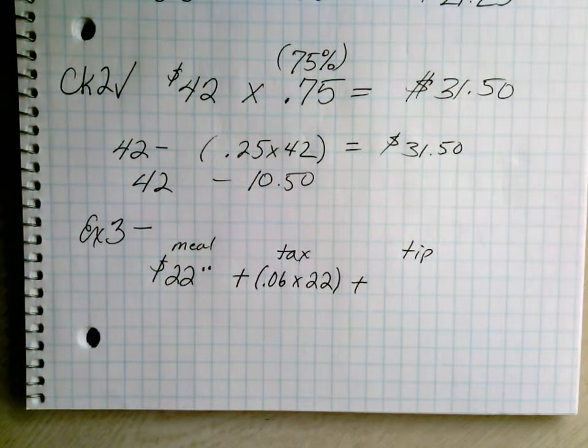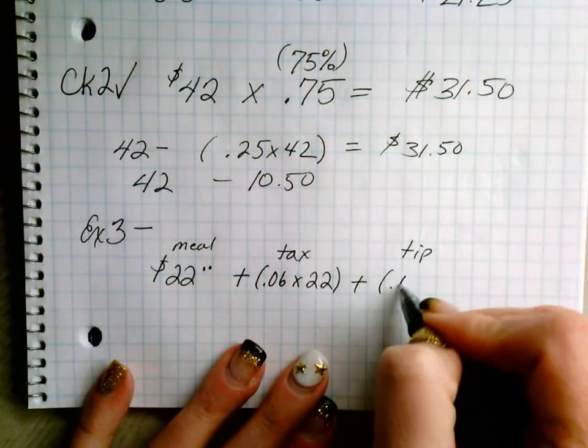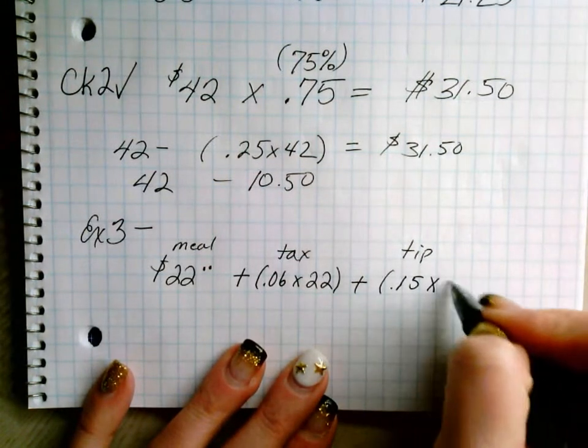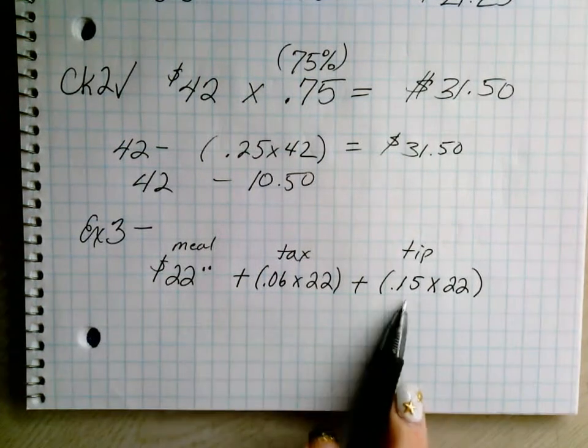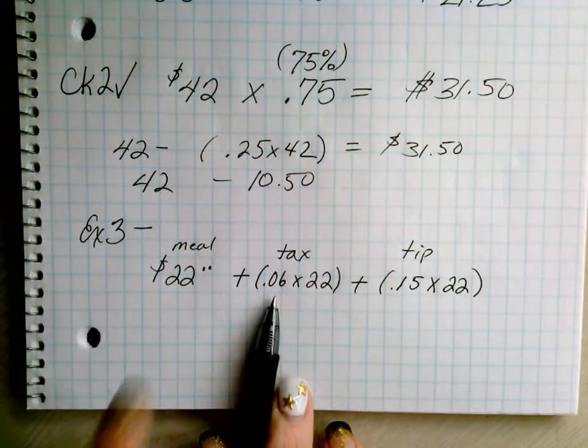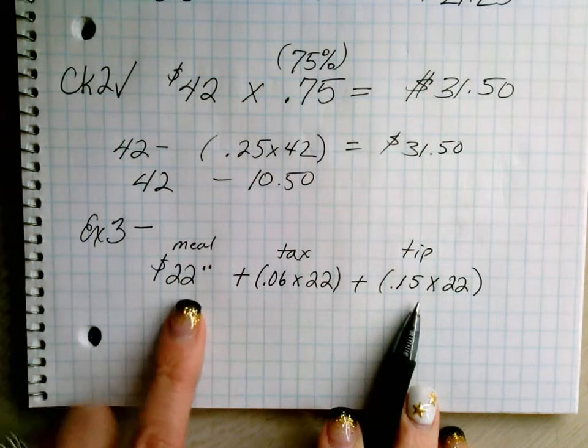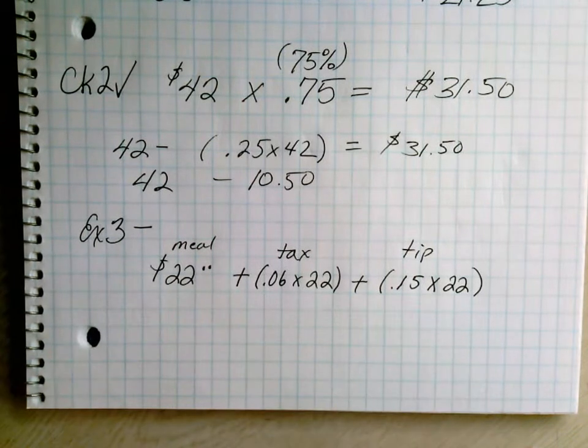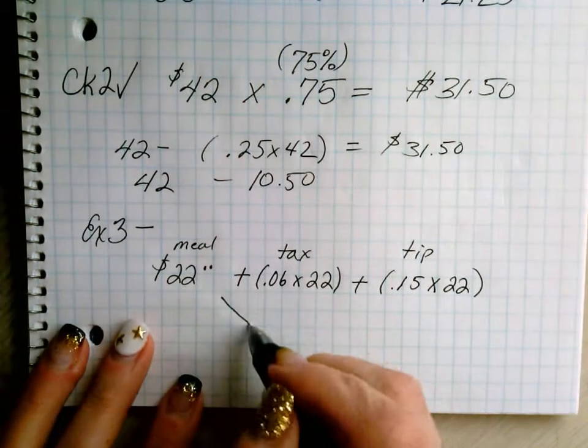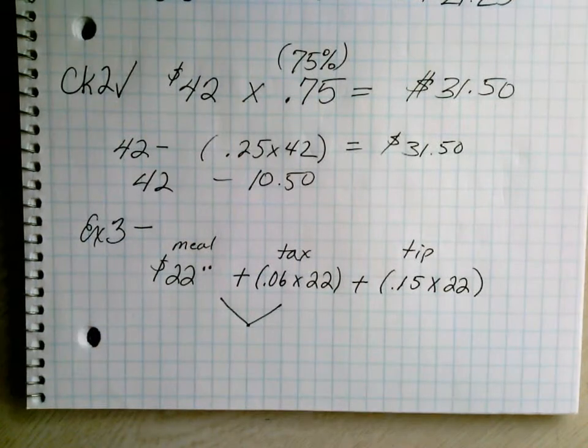And they want to give her a 15% tip. Guess she did all right. 0.15 of 22. You don't pay a tip on top of the tax. You always tip only on your meal cost if it's broken down that way. But normally, this is what you're going to get, and normally you're going to tip on top of that. But for the sake of this argument, we're not.